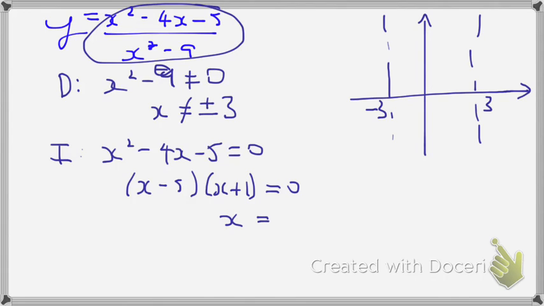So I get x equals 5 and minus 1 are my solutions to the intercepts. So here we go. I can put some points on the curve. So there's one there at minus 1. And there's one here at 5.